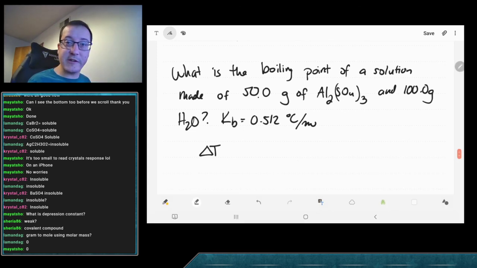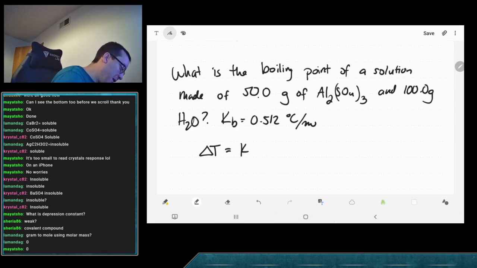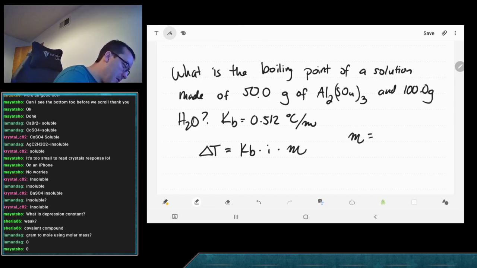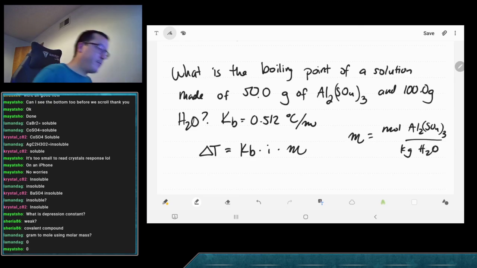The change in the boiling point will be equal to Kb times I times squiggly m. Remembering that squiggly m is moles of, in this case, aluminum sulfate per kilogram of water. Just like before, it's our moles of solute over kilograms of solvent.